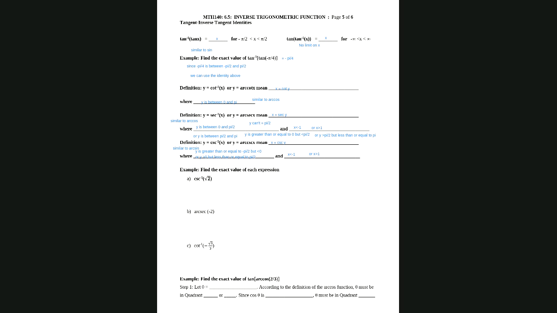Okay, we're going to take a look at a few examples. We want to first find inverse cosecant of the square root of 2. So I'm going to say that's equal to y, where the cosecant of y is equal to the square root of 2.